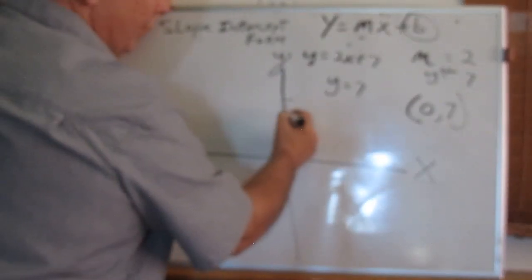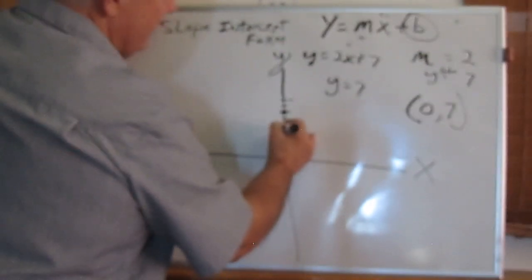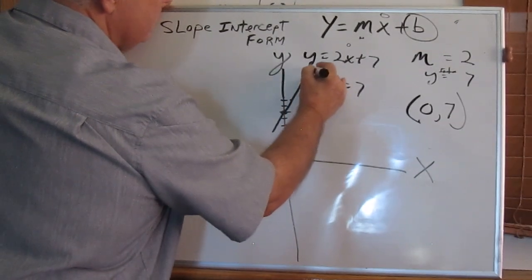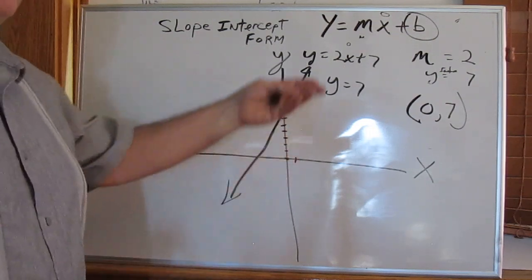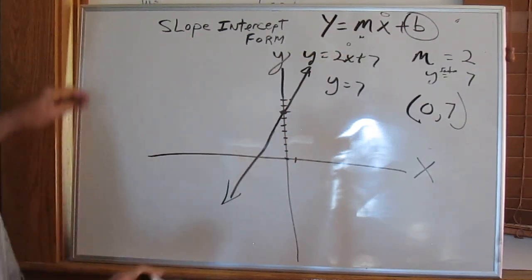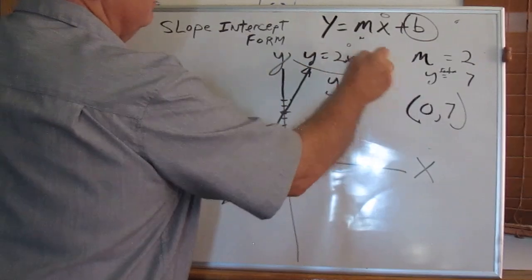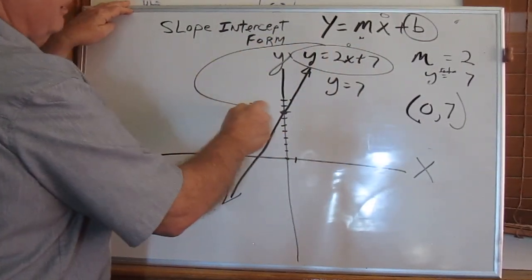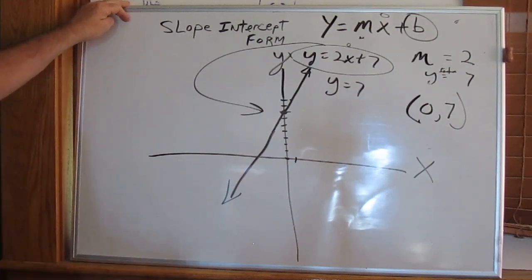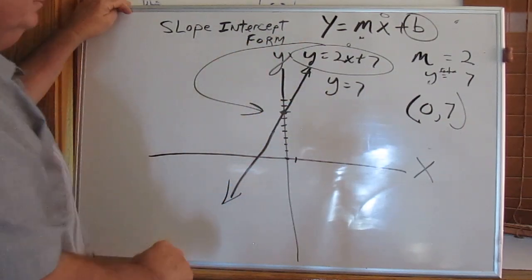Now we put that point and we draw this nice little line through there, which goes on to infinity and beyond. And that is the line of the equation. And you could also say, probably more correctly, this is the equation of that line. Y equals 2x plus 7.